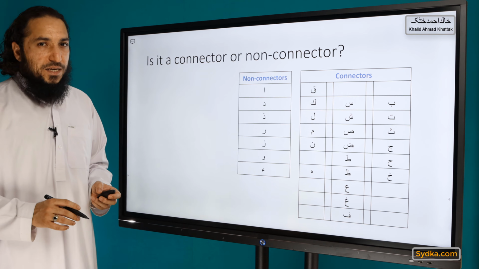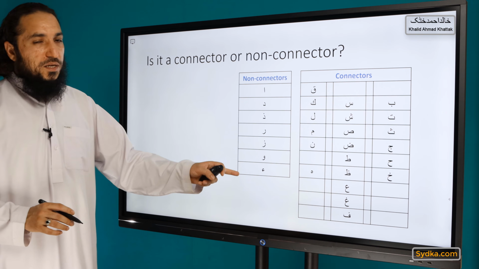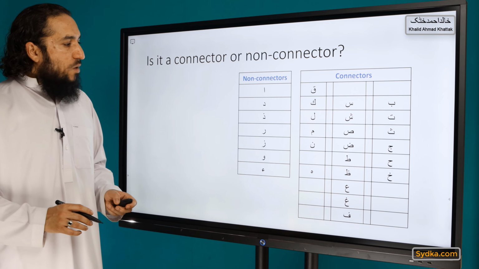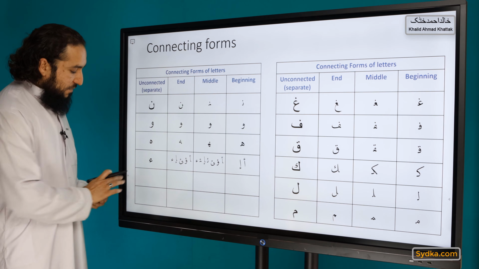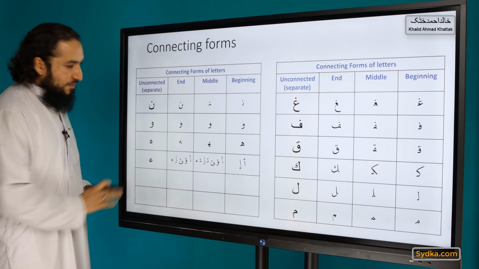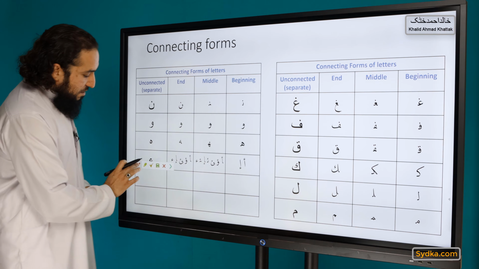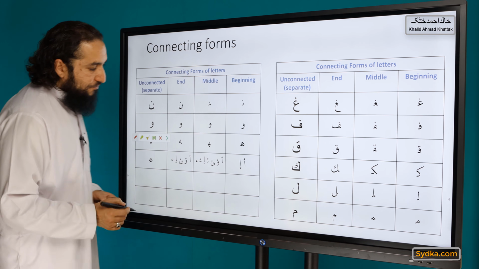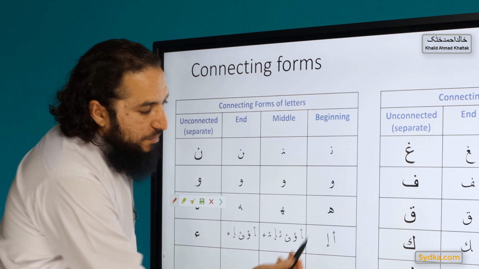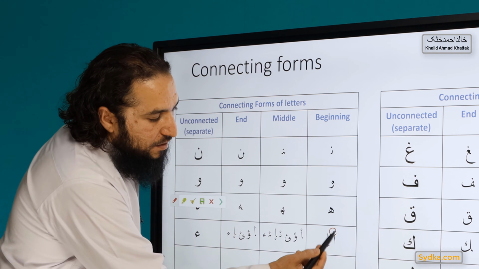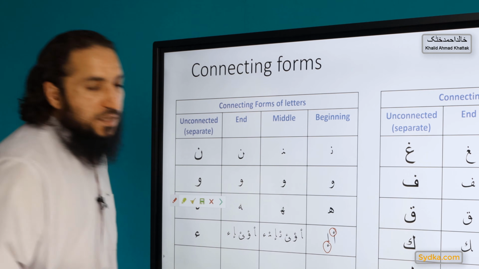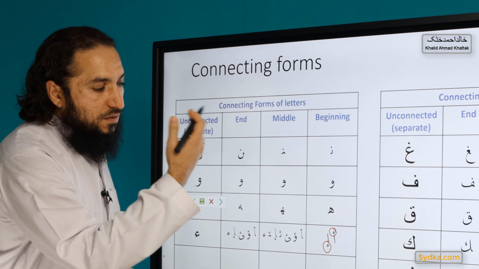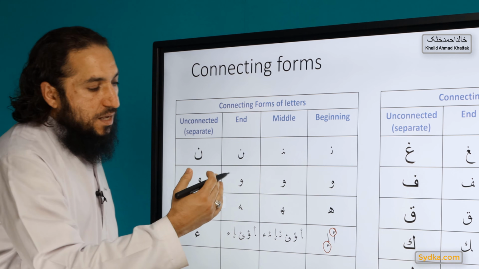So is it a connector or non-connector? It is one of the non-connectors. Why? Because if you see here, this is a bit difficult to understand, but let's try. In the beginning, Hamzah mainly sits either on alif or underneath.